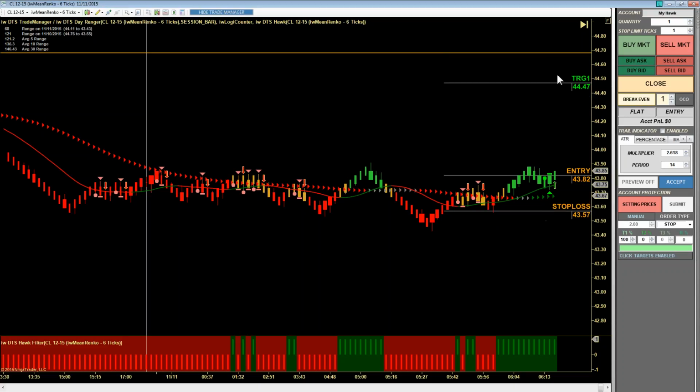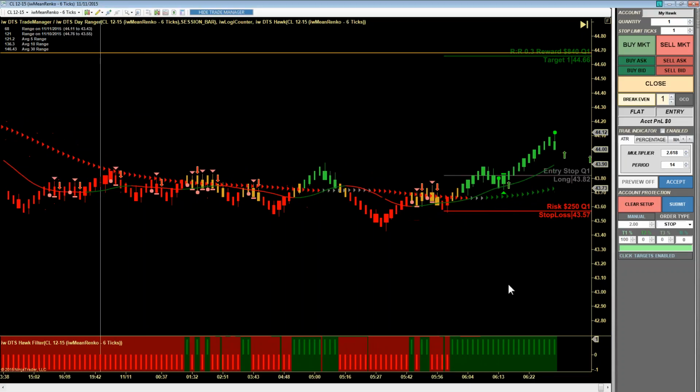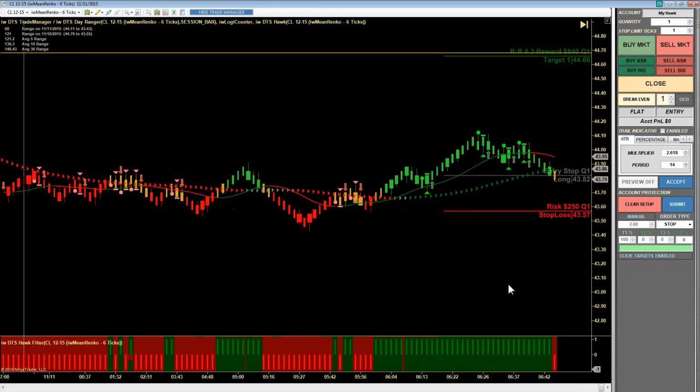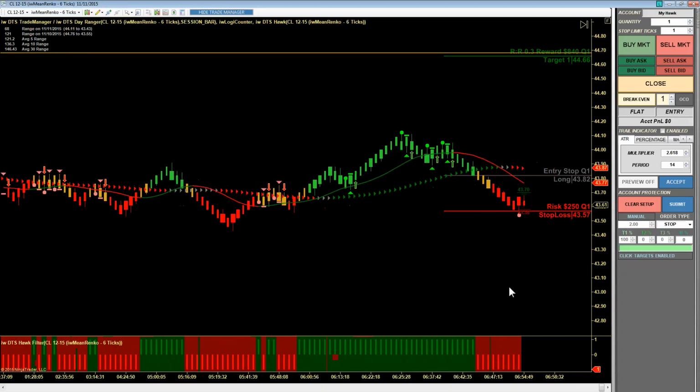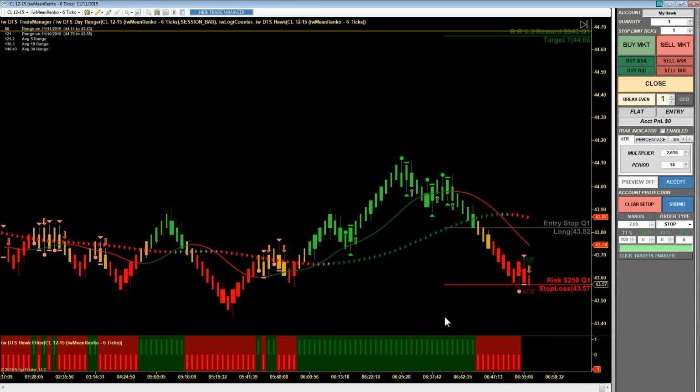So I'll put my stop right here. Okay, close enough. I got a 3-to-1 reward to risk ratio. Now I'll take this trade. But what happens is you end up getting stopped out, not because you didn't have a 3-to-1 reward to risk ratio, but you weren't playing the probabilities. It's kind of like Las Vegas, right?